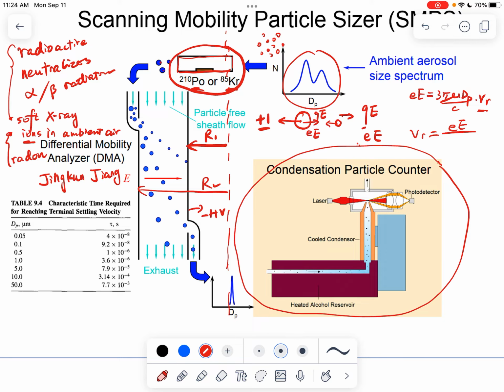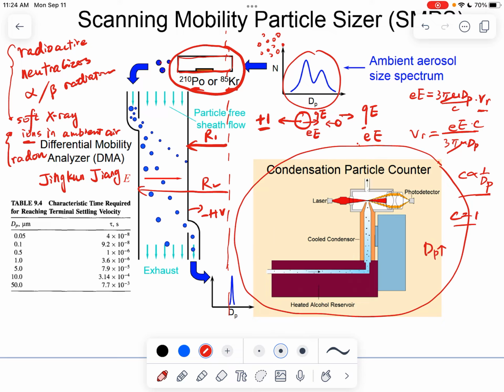So you can see that we can calculate the horizontal velocity, or the radial velocity. The radial velocity is just eE divided by 3 pi mu dp, and then multiplied by C. We said that C is proportional to 1 over dp in the free molecular regime, and C equals 1 in the continuum regime.